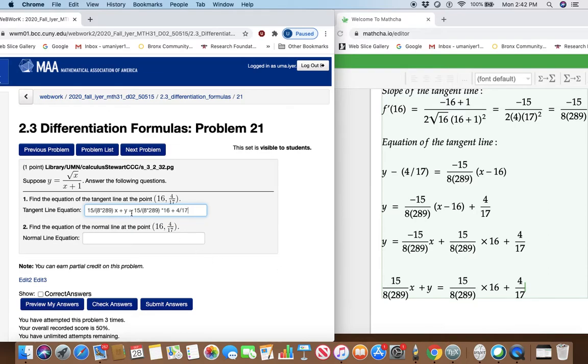So I have written it in standard form. What does that mean? x and y on the left, a pure number on the right. I have not simplified this, and that's okay.